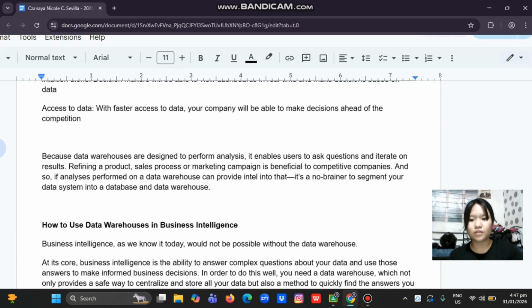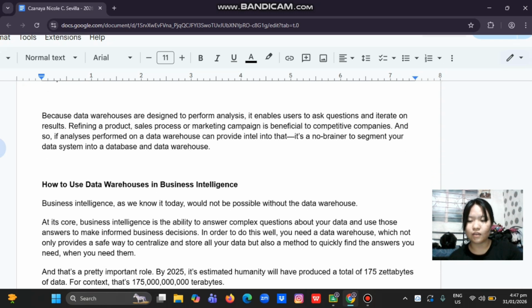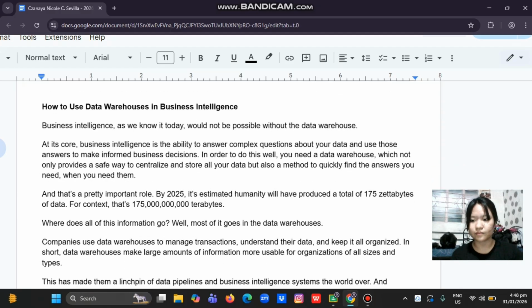Because data warehouses are designed to perform analysis, it enables users to ask questions and iterate on results. Refining a product, sales process, or marketing campaign is beneficial to competitive companies. And so, if analysis performed on a data warehouse can improve intelligence, it's a no-brainer to segment your data system into a database and data warehouse.